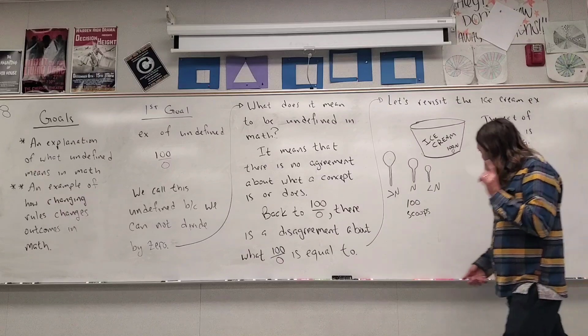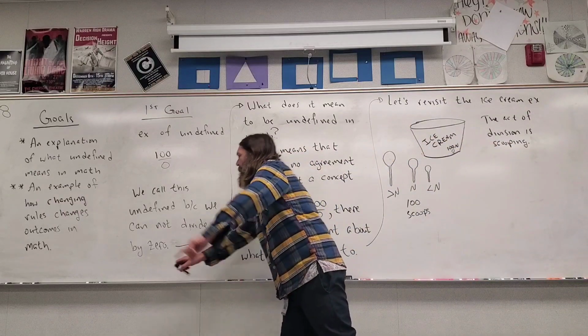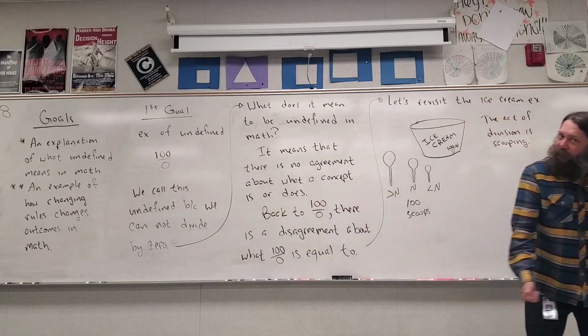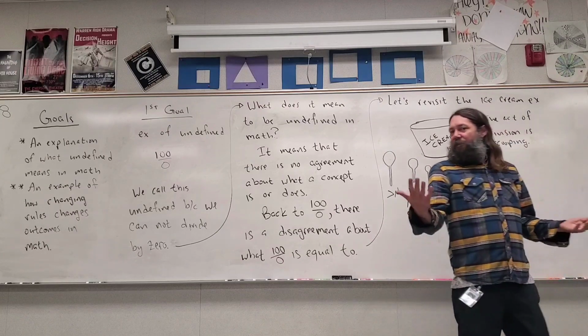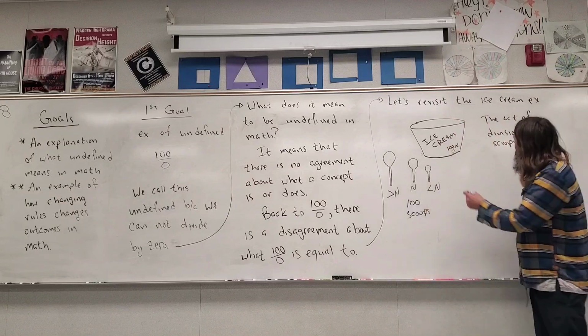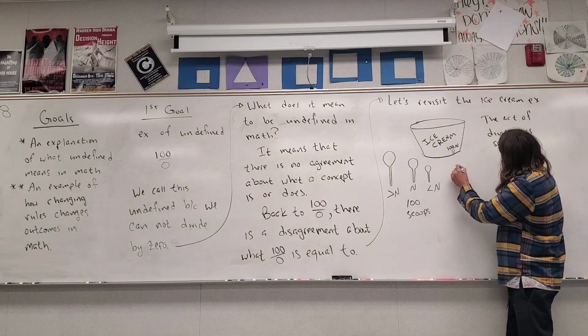Here's where the dividing by 0 comes into this, and this is the disagreement. How many scoops can I take if the spoon has no size? Let me write that down.